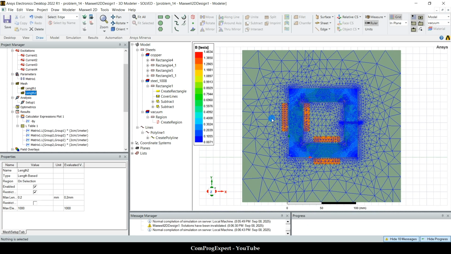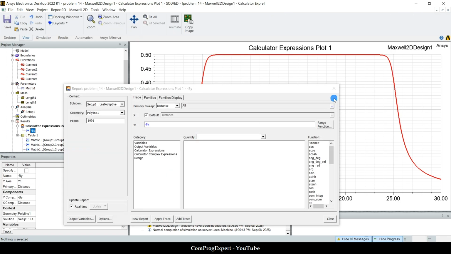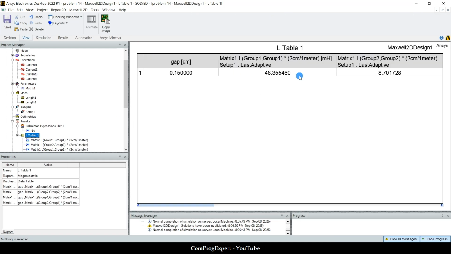Perfect. We have this powerful software, and we can do this kind of analysis to calculate quantities such as B and also the self and mutual inductances. You can change the level of the excitation, calculate the inductance, and check how the inductance changes when we change the level of the excitation.